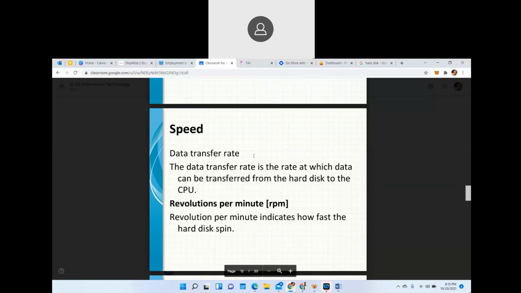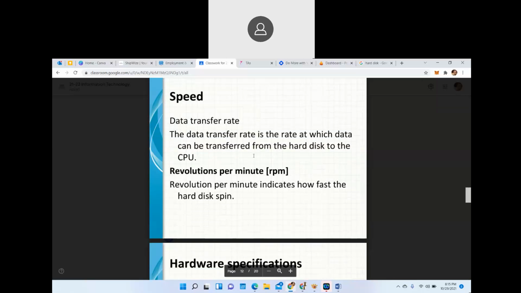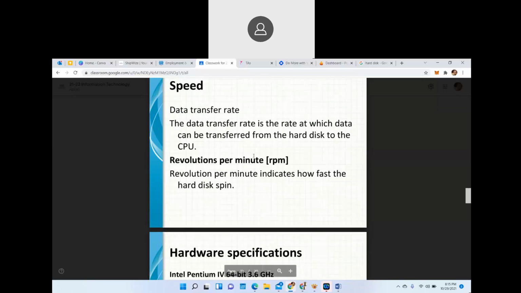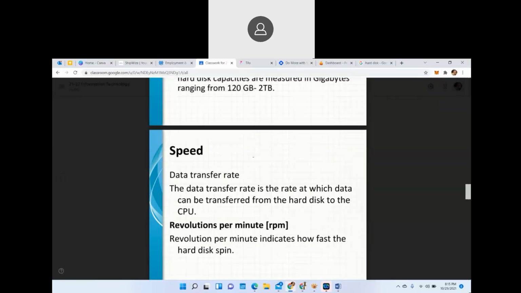The faster the spinning, or the RPM, the faster data will be transferred from the hard disk to the computer. So those are the key elements. There are many more things that we can look at, which we'll do shortly.